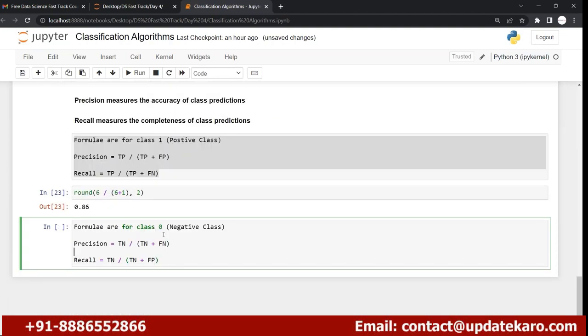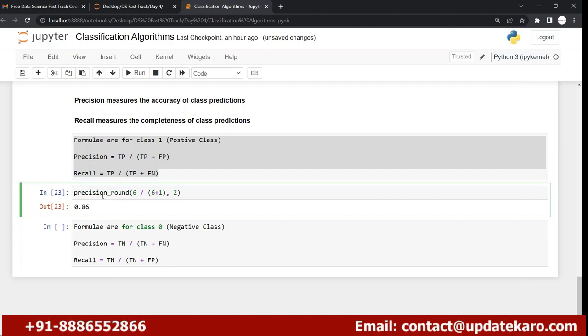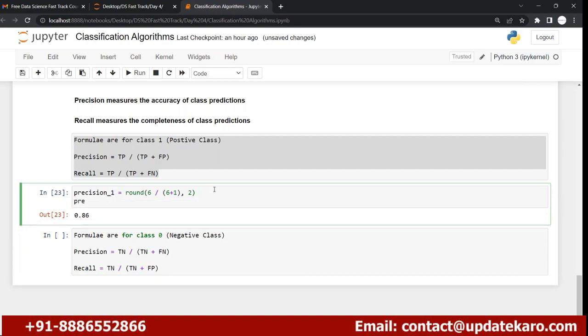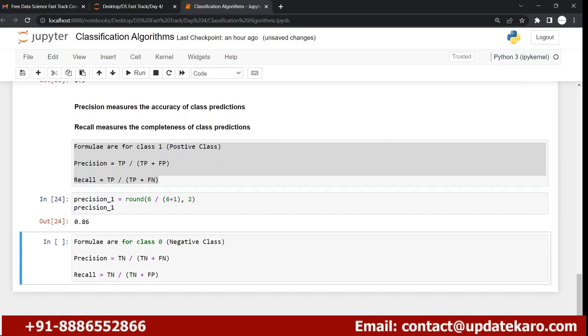So this is for class 0 and this is for class 1. So this is first the precision for your class 1, or your positive class. That's why I mentioned the 1 here, remember. So here you can see this thing.